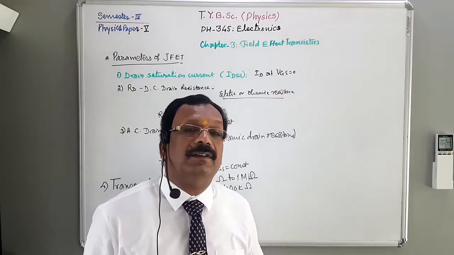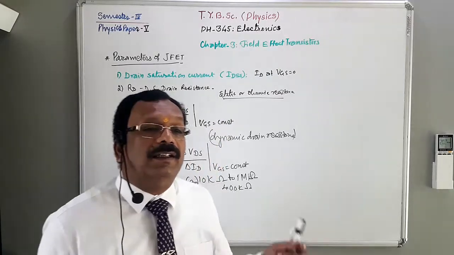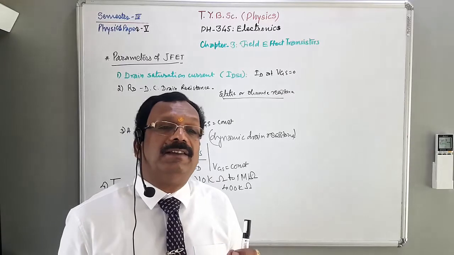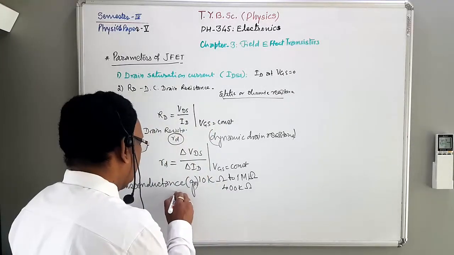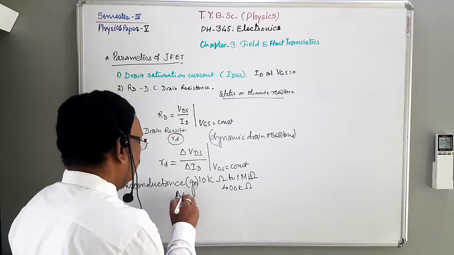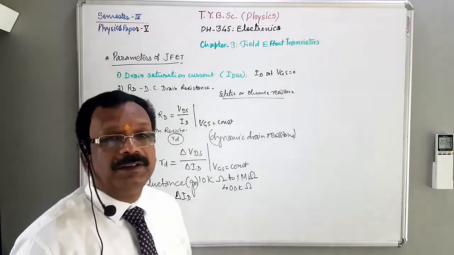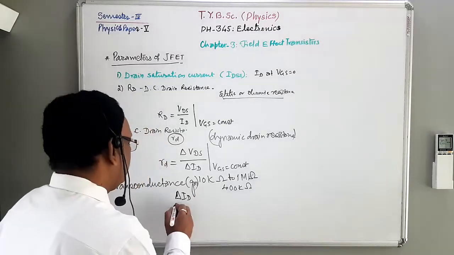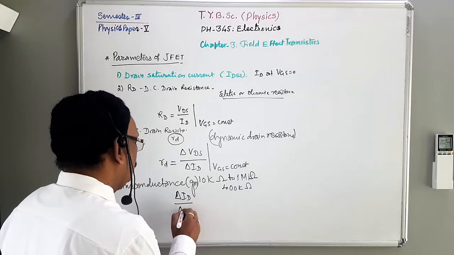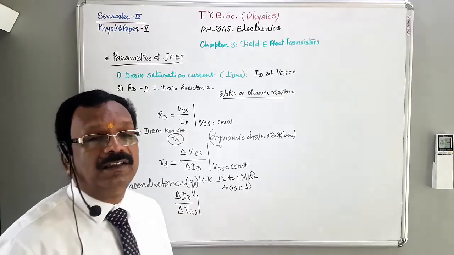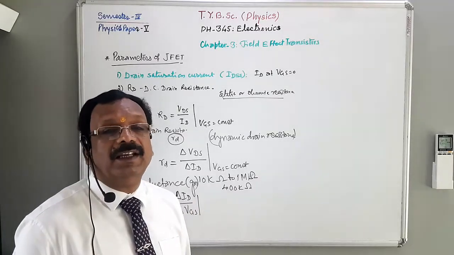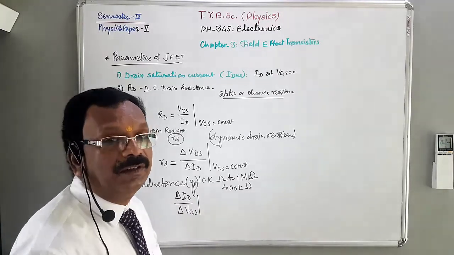In a simple way we can define it as: transconductance is defined as the ratio of small change in drain current, that is delta ID, to the corresponding change in gate to source voltage, that is VGS, at constant VDS, that is at constant drain to source voltage.